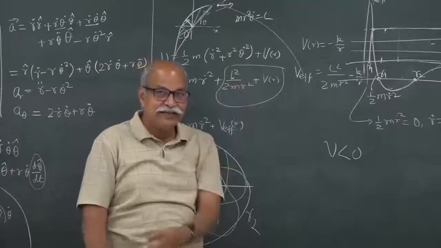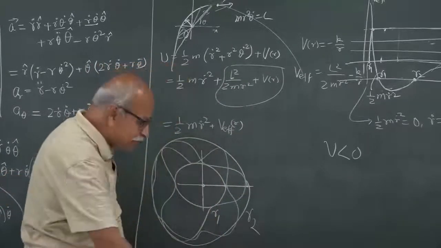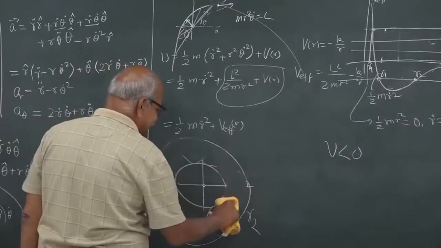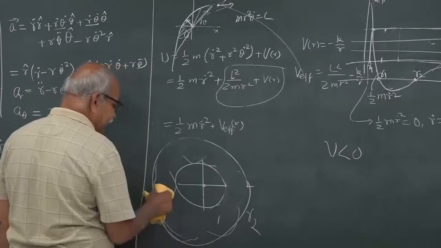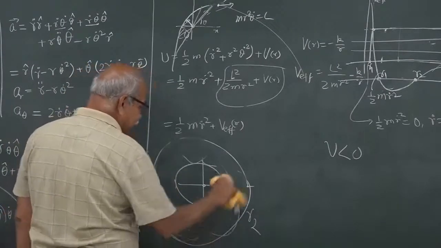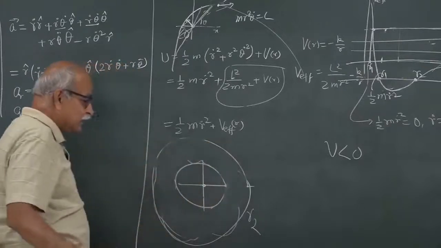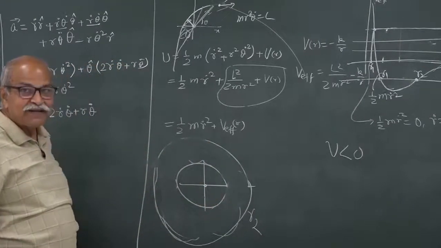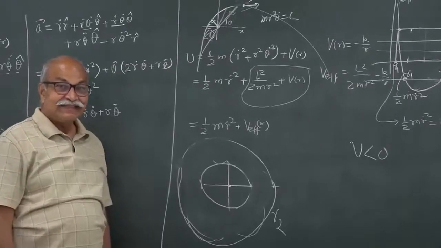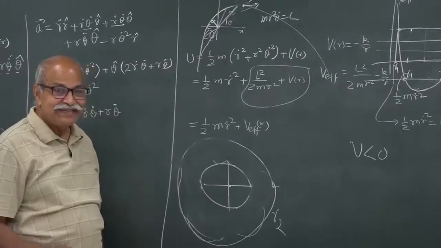I will just tell you the steps: the path is an ellipse. Remember, a circle is a special case of an ellipse. If u is less than 0, the path of the particle under an inverse square attractive force is an ellipse.